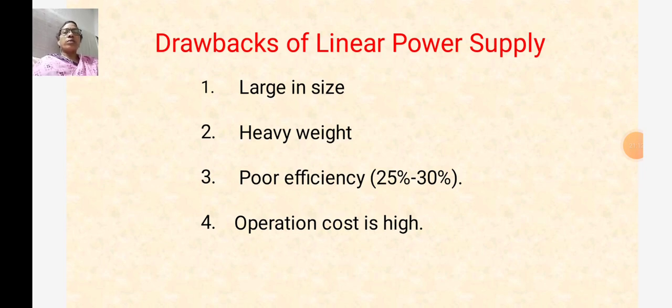The drawbacks of linear power supply are that it is large in size, heavy in weight, has poor efficiency of 25 to 30%, and the operation cost is high.